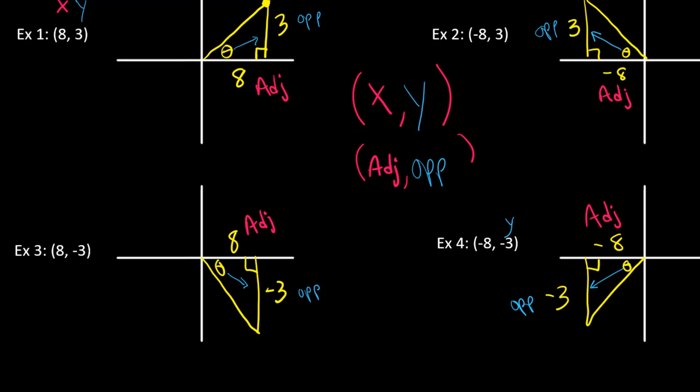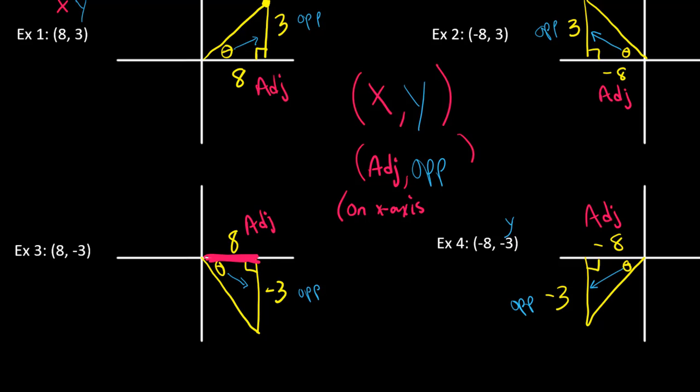Another pattern to pick up on is that the X coordinate is always the side that's along the X axis. That's the leg of your triangle that's always on the X axis, so the adjacent side is on the X axis. Always.